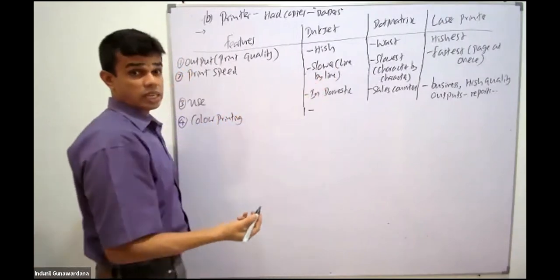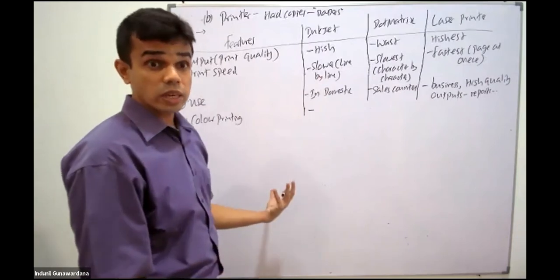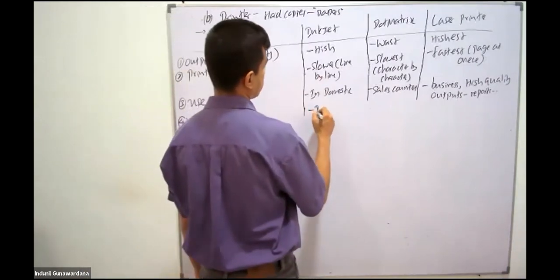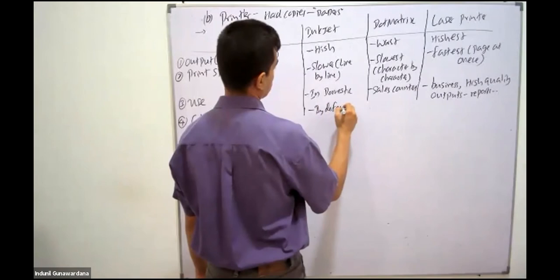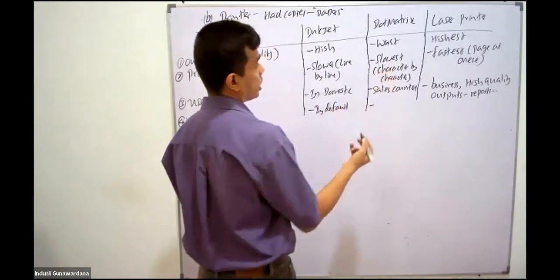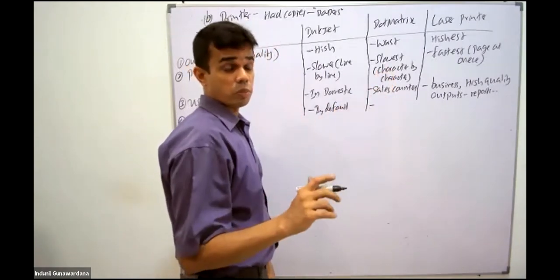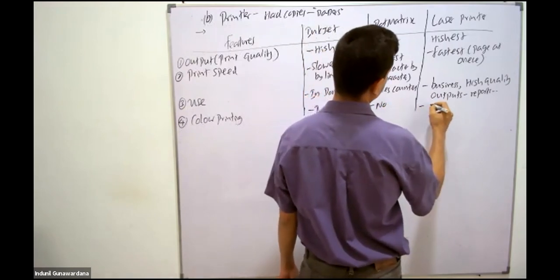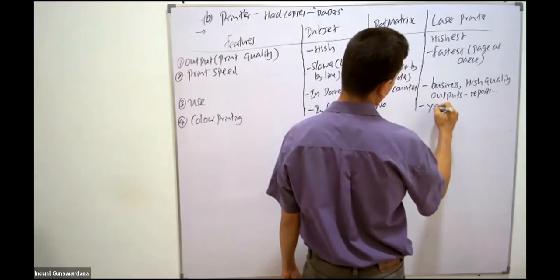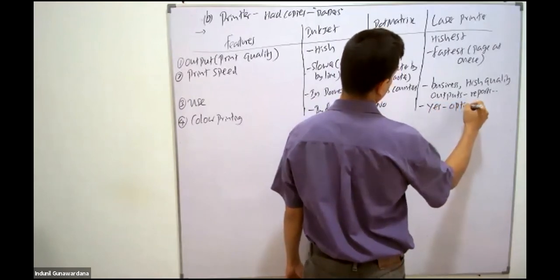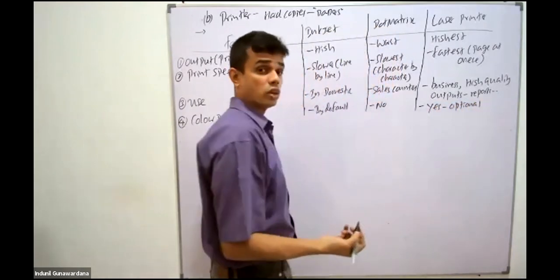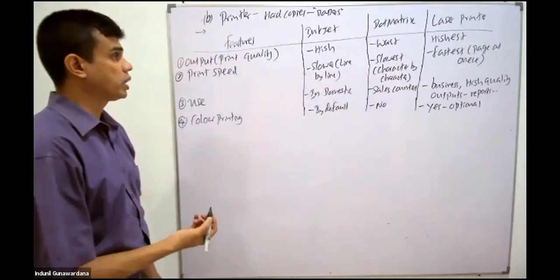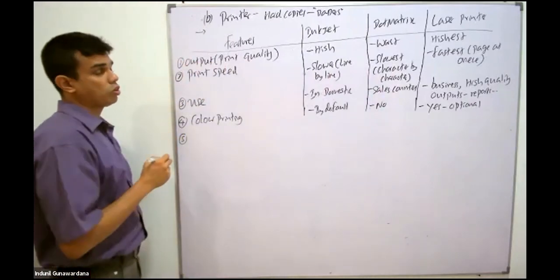Inkjet is by default color. All the inkjet printers are color by default. Dot matrix has no color printing at all. But for laser printer, color is optional. You have to get that optional to continue color printing, not by default.